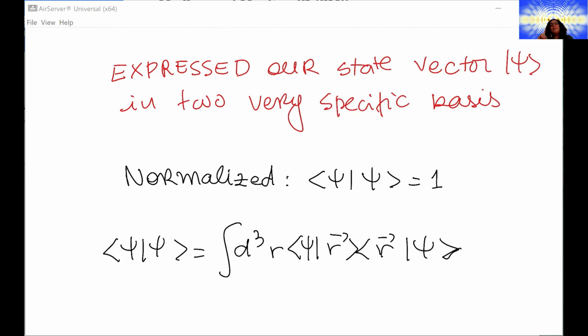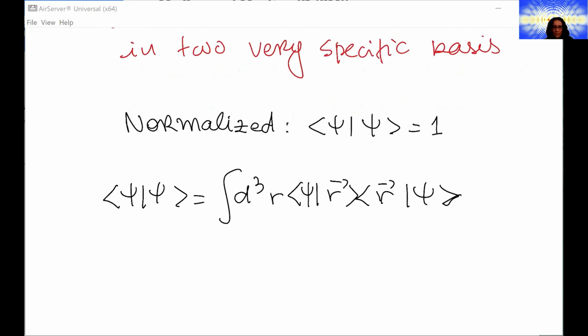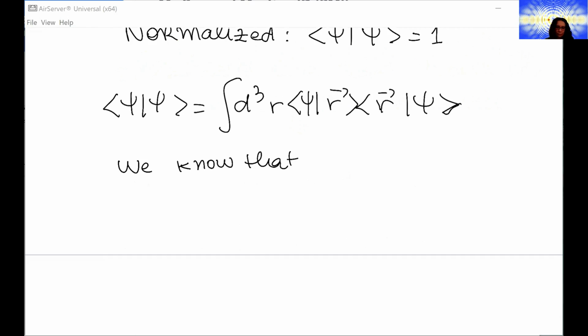Now, does this look familiar to you? Well, let's look at something we know from our previous courses. We know that wave functions also have to be normalized, right, in r. So we know that this has to hold.